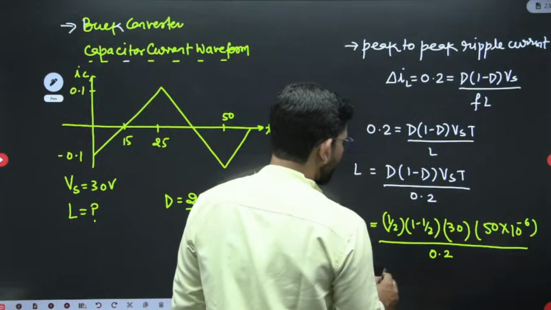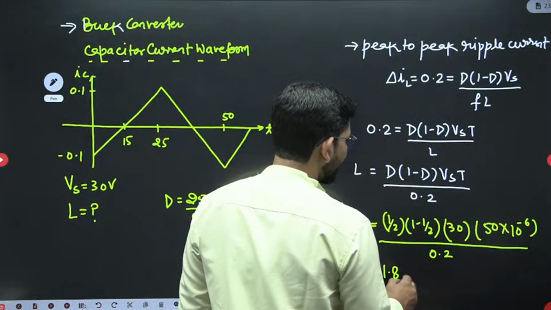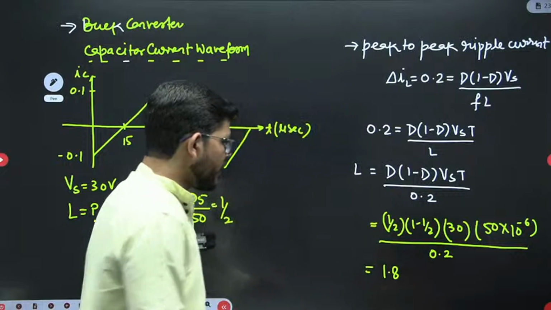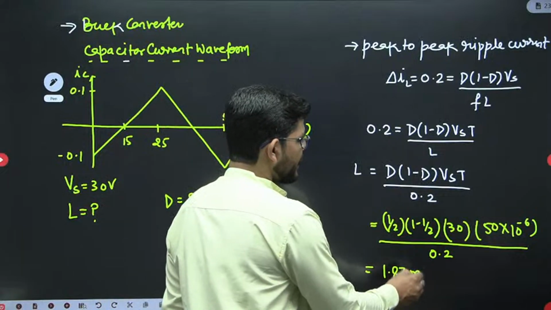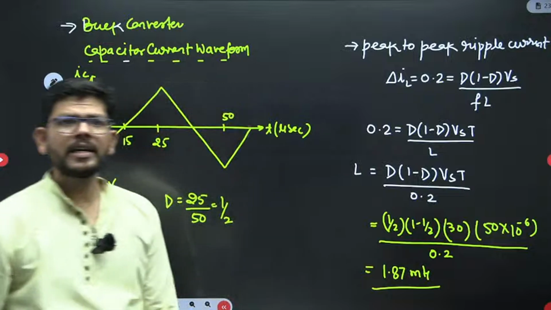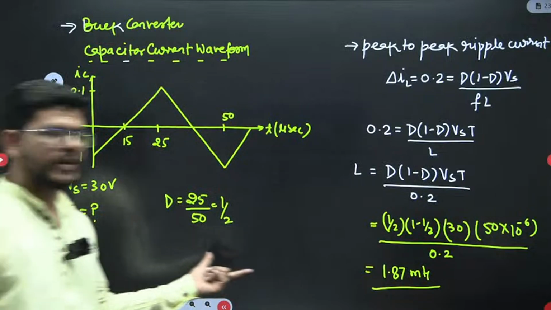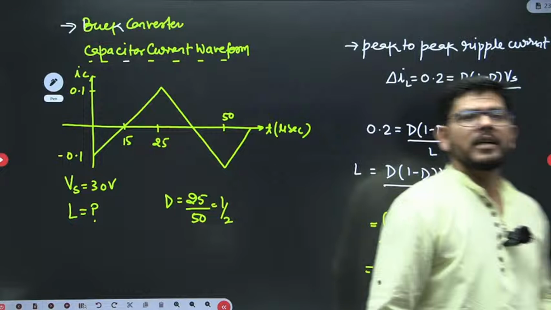When you solve it, you will get 1.875 millihenry. That will be the answer, correct. So this is how you have to solve this particular question. This was from DC to DC converter.